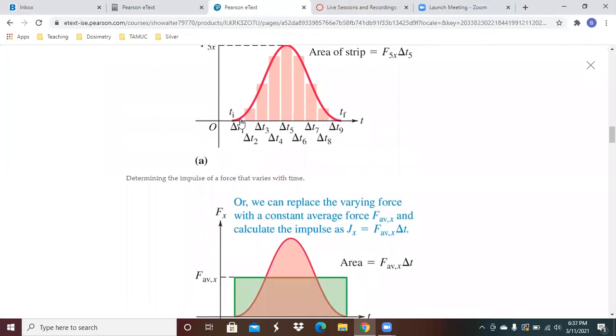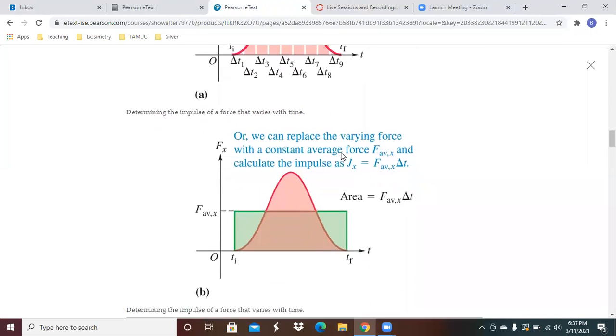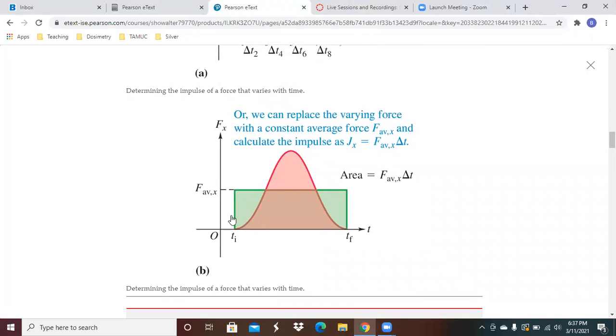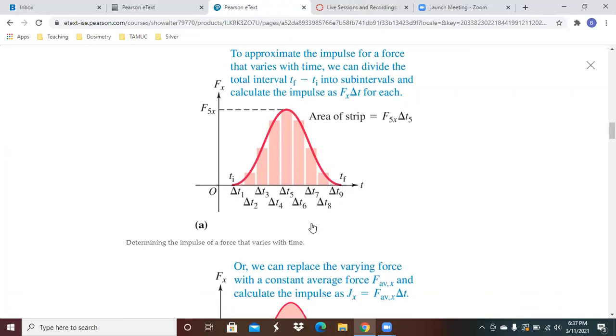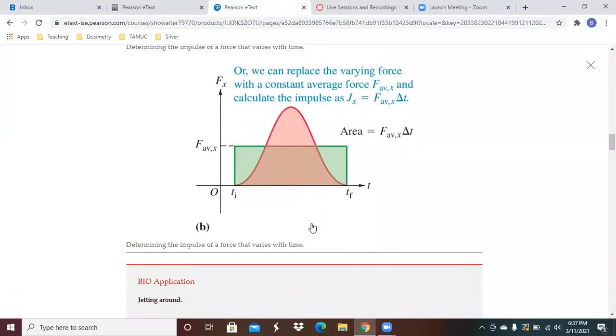And this is what happens at specific points along the time interval. So you see the change in the force there. If you wanted to, we're basically going to change this shape into this shape. And we're going to do that by saying, well, the force changes from this point up to this point up to this point, and that's a lot of changing, and I don't want to have to mess with that.